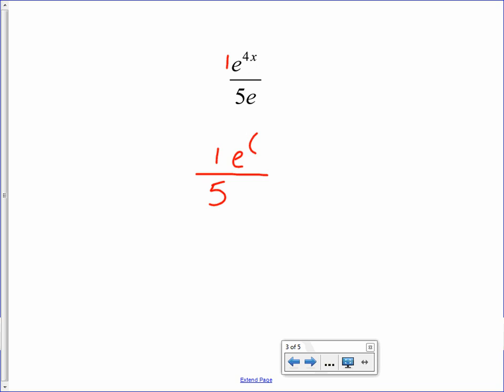So e to the 4x minus, well, what is the exponent on that e? If it's not shown, it's a 1. We can't do 4x minus 1. It's not going to just become 3x, right? Because the 1 has no x attached to it. So in this case, that's actually as simple as this gets. The way you might see it written in a textbook, well, they wouldn't show that 1 on top. They might just show this.